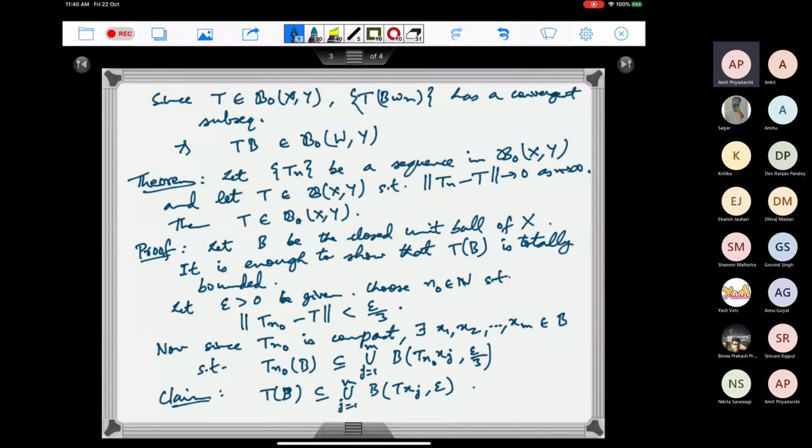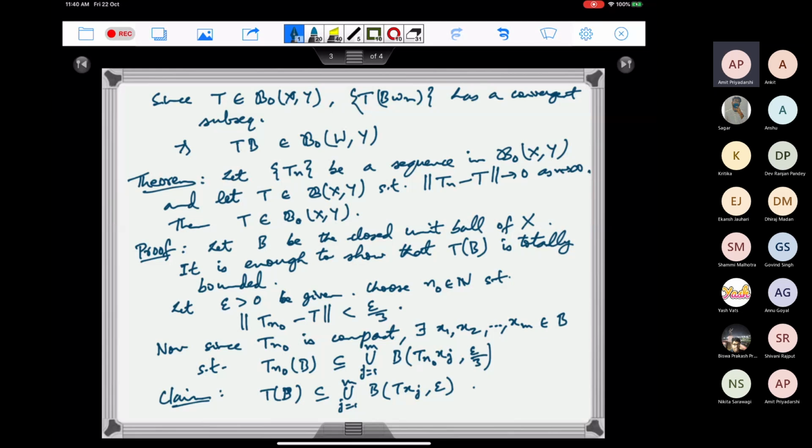So in particular, if I take a sequence of finite rank operators which converges to an operator T, then T is compact. So we are saying that the limit of a sequence of finite rank operators is compact.